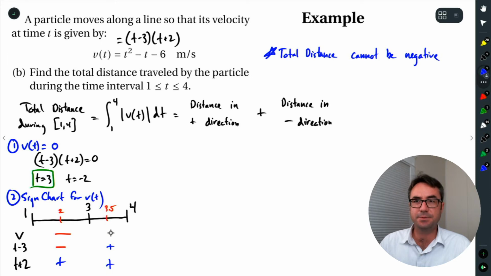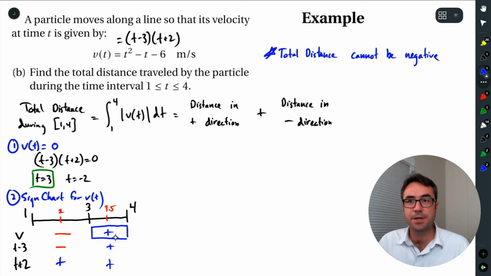And so positive times positive gives me positive. All right, so what we're seeing here is on this interval from 3 to 4, our velocity function is positive. So on this time interval from 3 to 4, we're traveling in the positive direction.